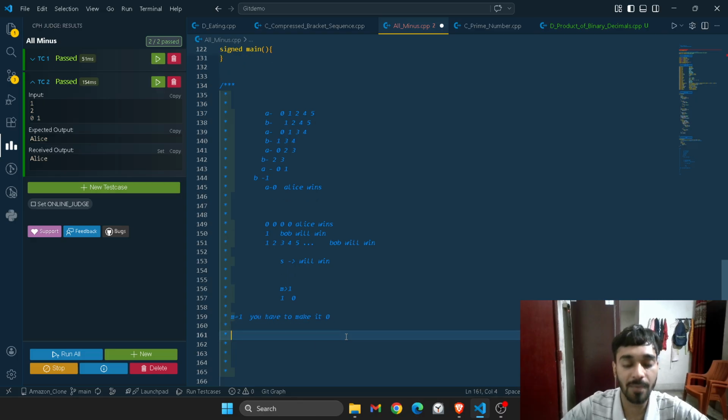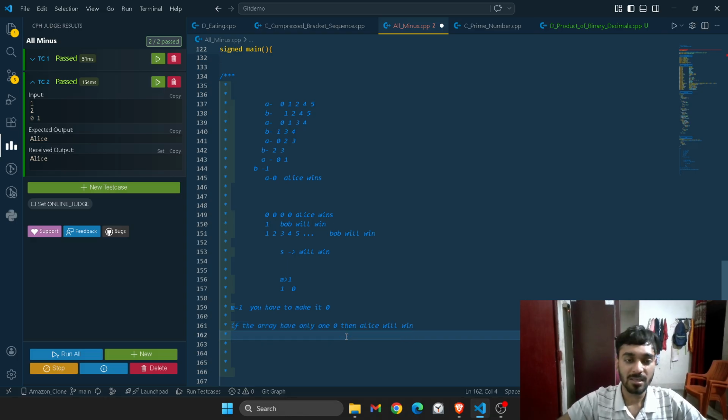So my first claim is if the array has only one zero, then Alice will win. This is self-explanatory: if only one zero is there, then Alice will come, remove it and win.